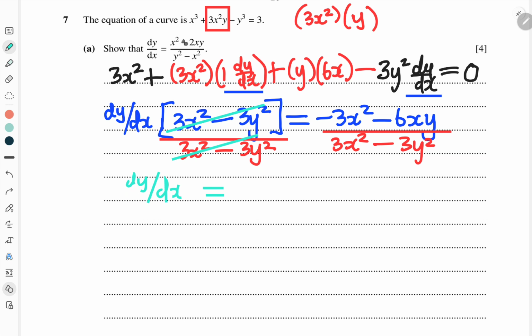But currently, there's not an exact match. We have x squared there, and we have negative 3x squared on this side. They have x squared. They also have positive 2xy. We have negative 6xy. So how are we going to get there?